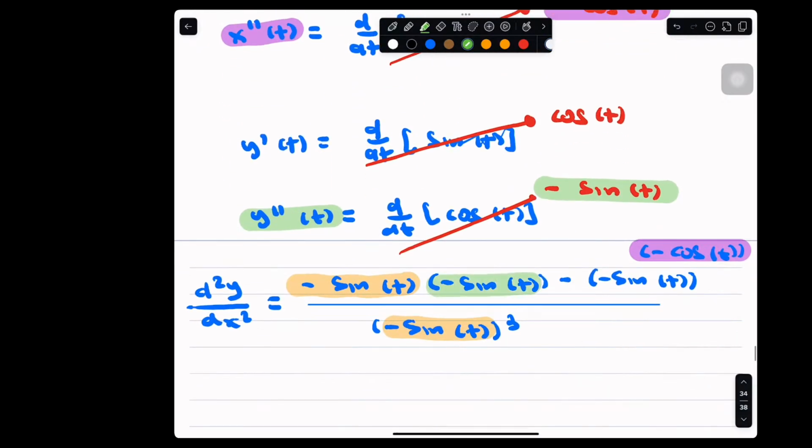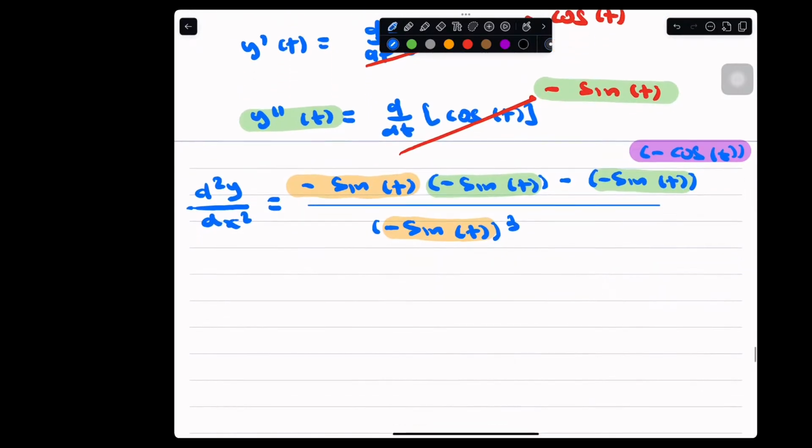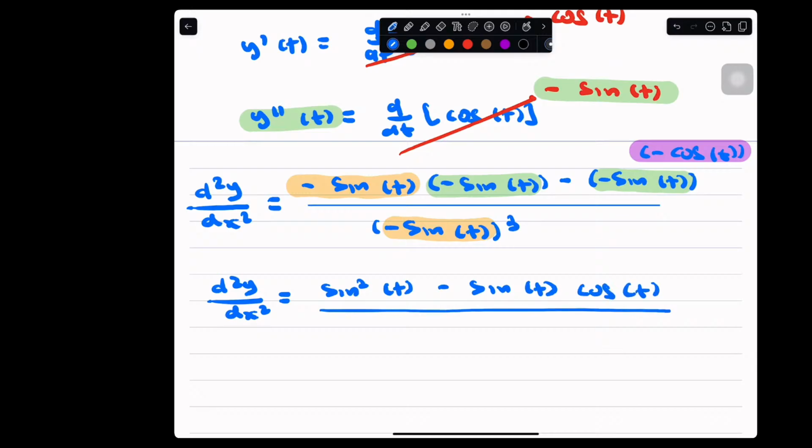All right. So let's simplify everything here. Sine squared t minus sine t cosine t over negative sine of t to the third power.